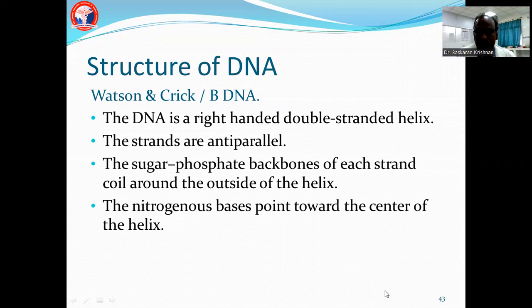That means they're running in opposite directions. The sugar and phosphate backbones of each strand coil around the outside of the helix, while the nitrogen bases point towards the center of the helix. That means they're located inside the molecule. That's maybe because they are hydrophobic in nature, while the sugar and phosphates are outside because they are hydrophilic in nature.